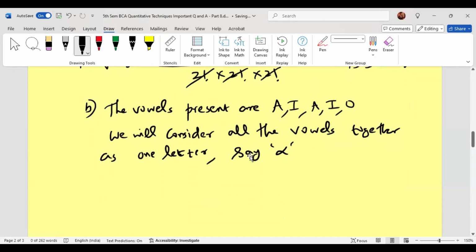So that means A, I, O is equal to alpha.